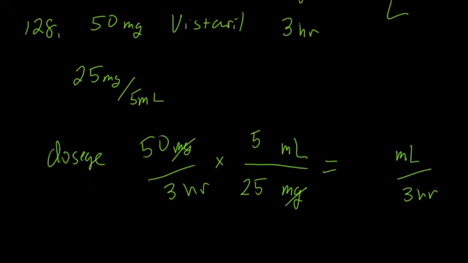All right, so 50 times 5, or depending on how you want to do it, we can do the math, or we can reduce it down. So this is 50 over 15, okay?